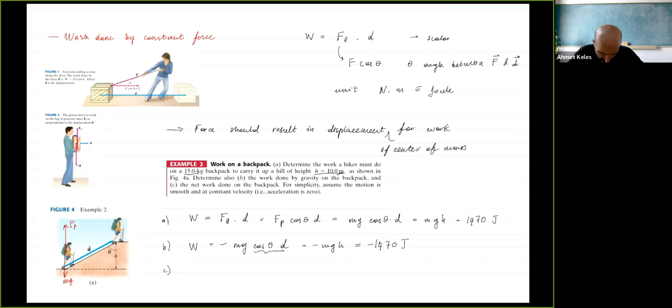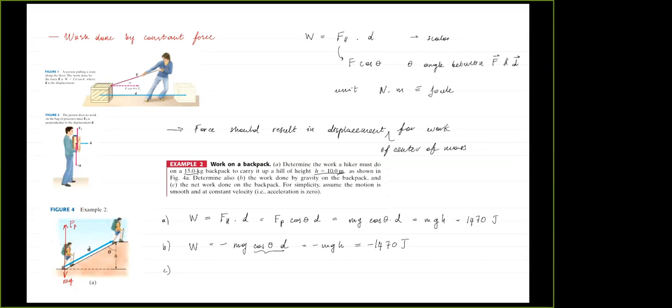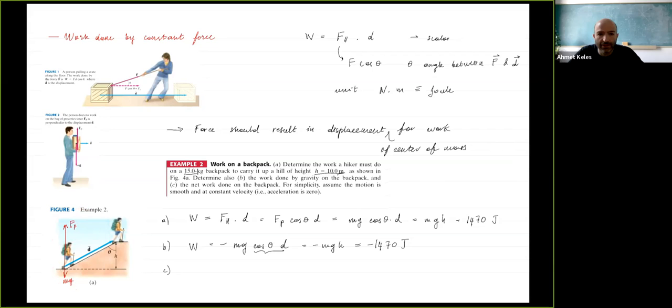I assumed there's no acceleration. This hiker is moving with constant velocity along this direction, so there's no acceleration in any direction. You are absolutely right. If there was acceleration, things would be a little complicated. That's why I was able to take mg equal to FP, because the net force should be 0. All right, Hocam, thank you.